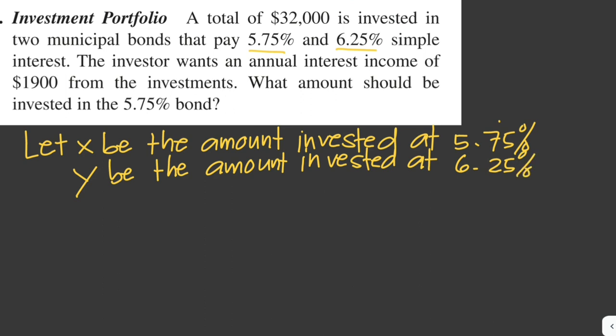So we have two unknowns here, so that means we need two equations for this. And then we can solve the system of equations.